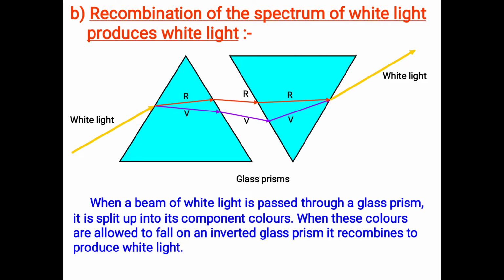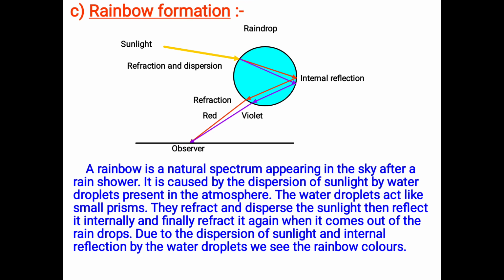The diagram shows the bending of the different colors, and if I keep the second prism in the opposite orientation, the different colors converge again in the form of white light. So when a beam of white light passes through the glass prism, it splits into its component colors, VIBGYOR, and when these colors fall on an inverted glass prism, they recombine to produce white light.